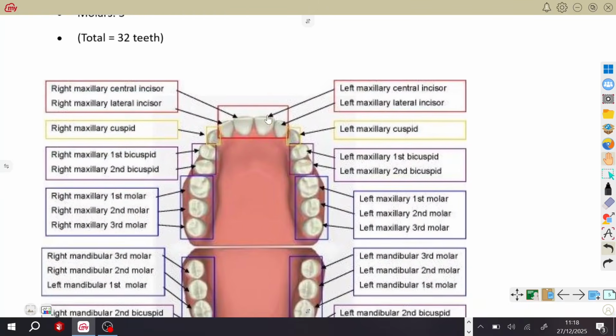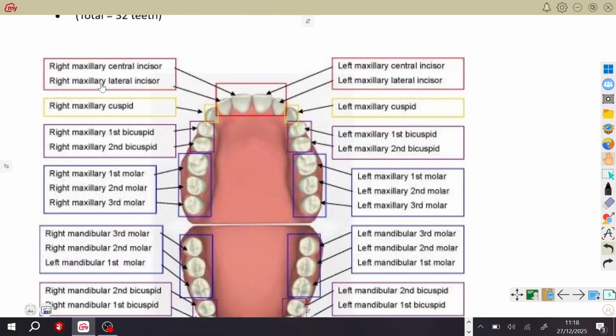So this is the same one that we have already dealt with here. The front one, the central incisors. So we have central and outside here. Okay, 1, 2 incisors, then canine 1, then premolars 2, then molars 3.